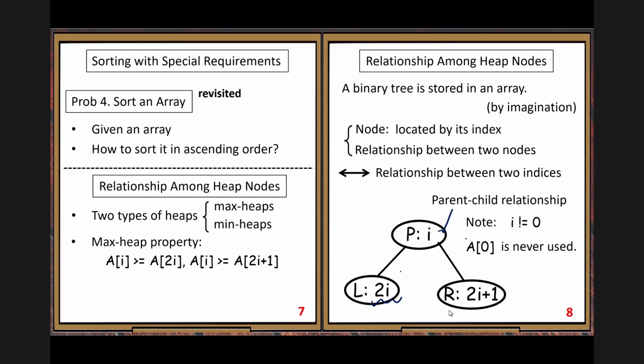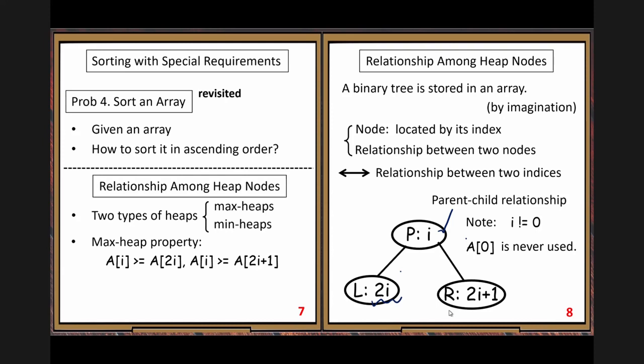So for all nodes with this property, A of I, the value A of I, is greater or equal to the values of its left child, A of 2I, and also the value of its right child, A of 2I plus 1.